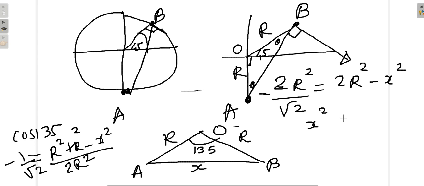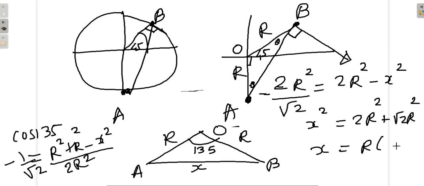So x square is 2r square plus root 2 r square, or x is r into square root of 2 plus root 2. So that is x.